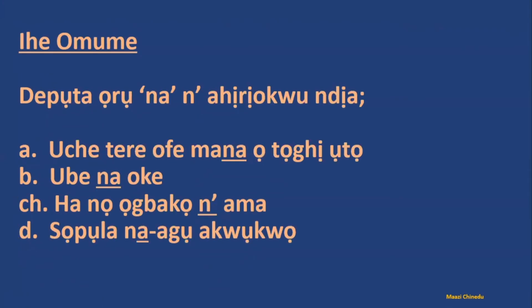Here we have a couple of questions that you have to take on your own to examine if you've learned one or two things from the lesson. Deputa ọrụ na n'ahịrịokwu ndị a. What is the work of na in this sentence? The first one, Uche tere ofe mana ọ tọghị ụtọ.